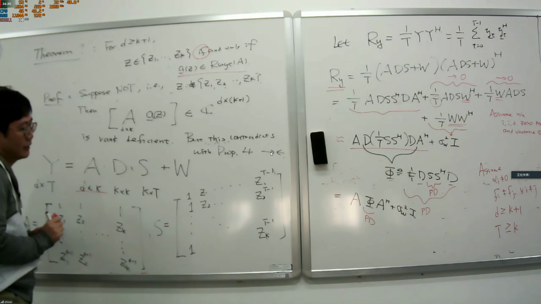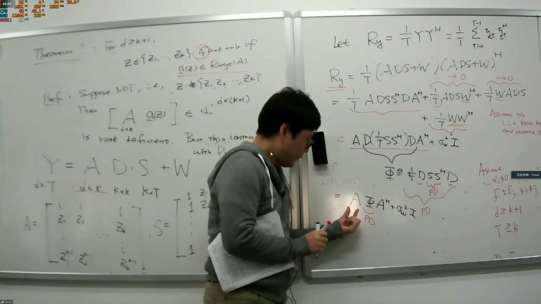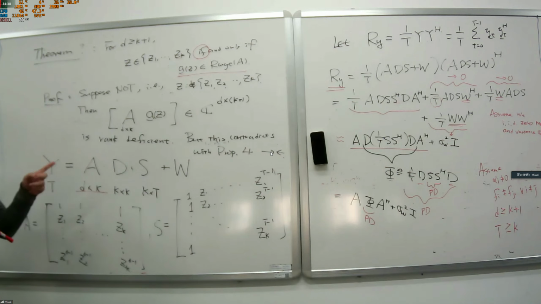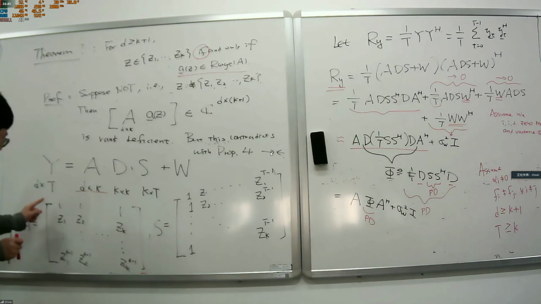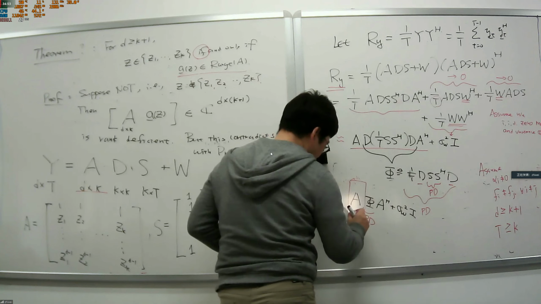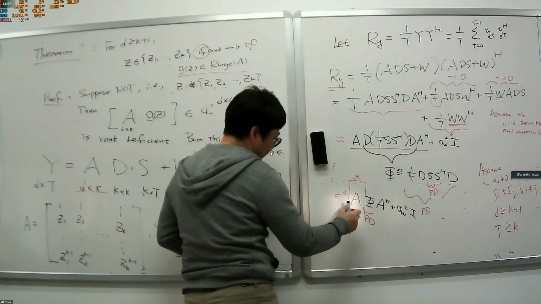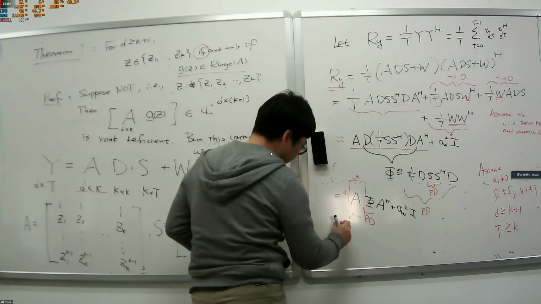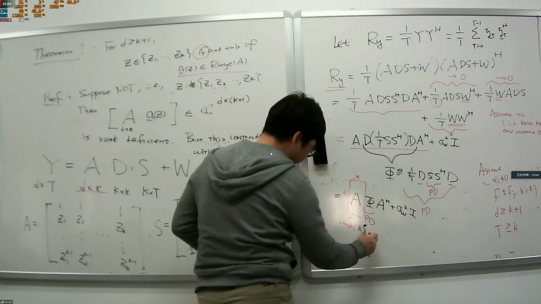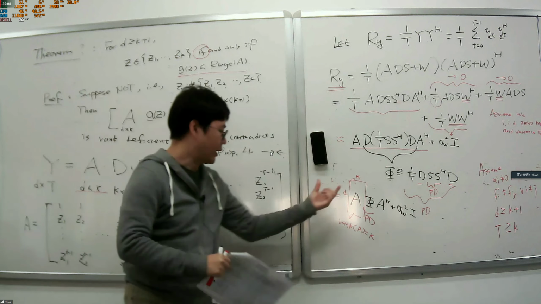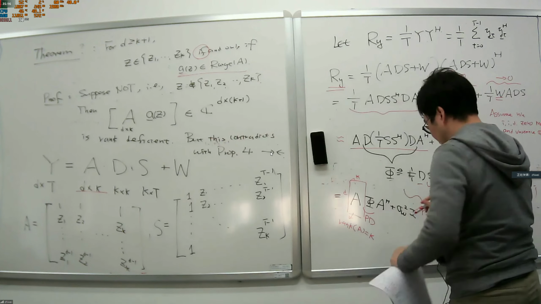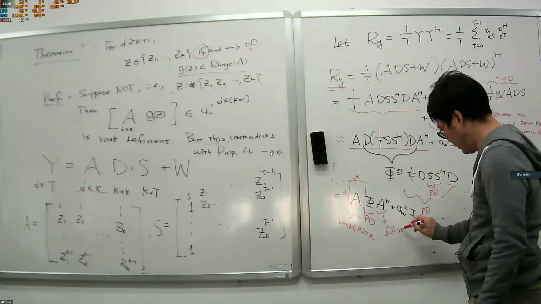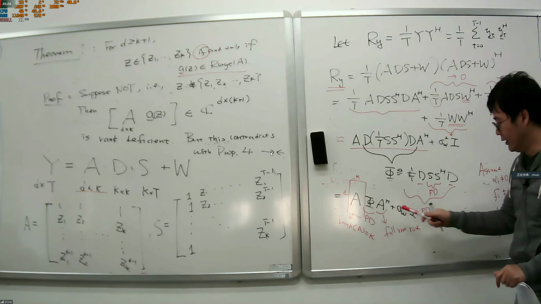Then you further look at A. A is full column rank, because we assume D is greater than or equal to K plus 1, so D is greater than K. A is a D by K matrix, and it's a fundamental matrix, so we know its rank is K. So A is full column rank, and A Hermitian is full row rank.